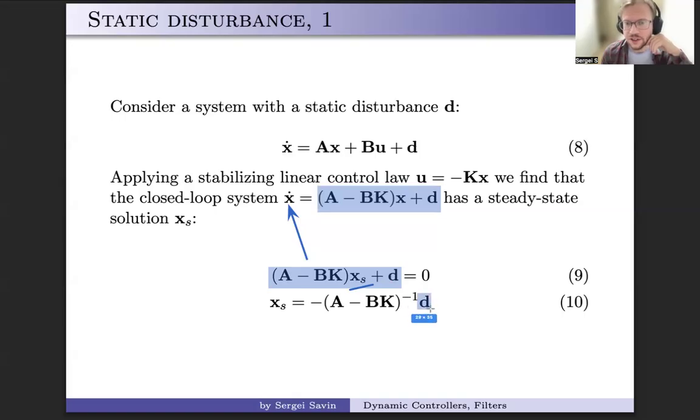We put d on the right-hand side with a minus sign, and we invert this matrix to get x_s = -(A - BK)^-1 d. So this is your error. If you wanted to go to 0, instead of 0, you are going to this matrix here.